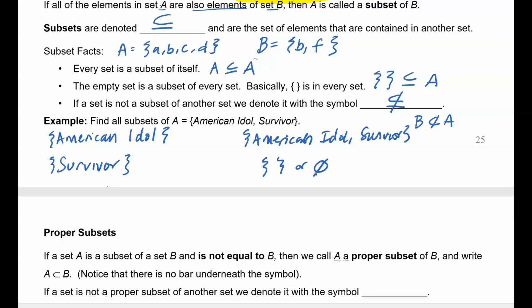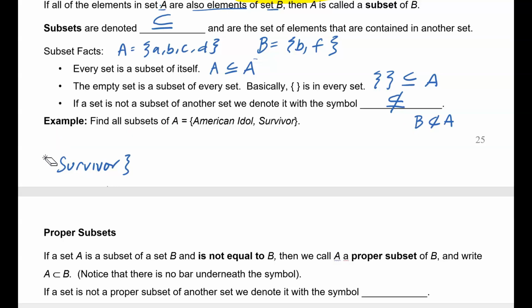Let me do one more example that looks a little bit more similar to what you're going to see in your homework. So I'm going to erase this real quick. Similar, but this is going to be example 2. Let's say you had a set with items 2, 3.